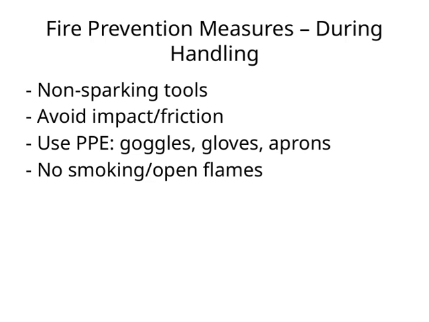These measures help prevent injuries and reduce the risk of accidents. Furthermore, no smoking or open flames should be permitted in the area. Even a small spark from a cigarette or an open flame can cause a serious fire. By following these fire prevention measures during handling, we significantly reduce the risk of fires and ensure a safer working environment for everyone.